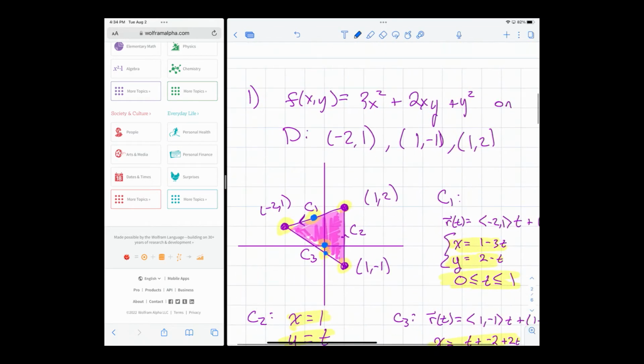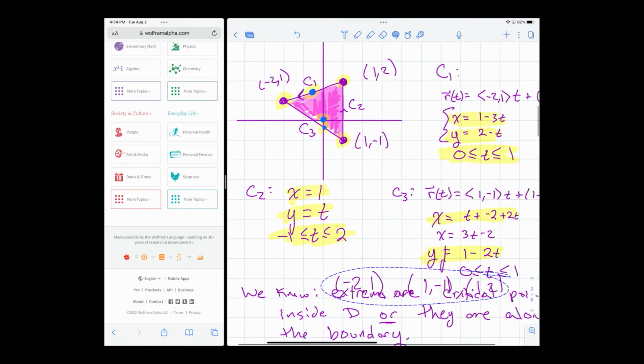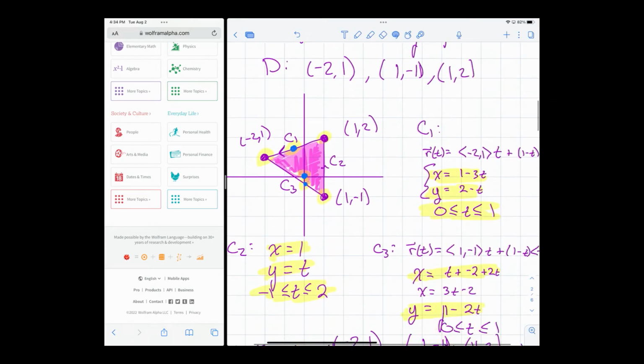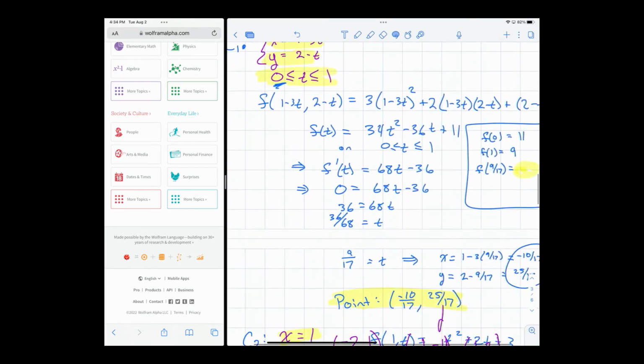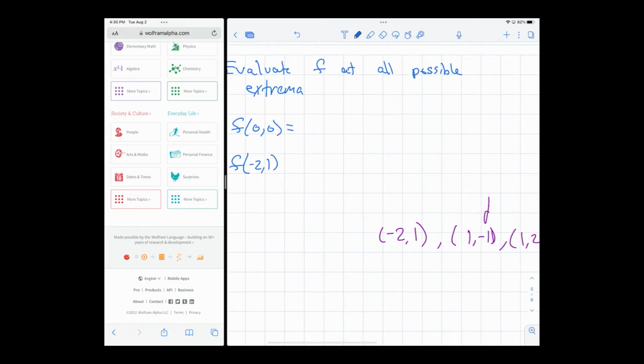So what do we have? Any of these three corners are also possible locations. And I'm not working them out now because I'm going to use a computer because I'm not dumb. Okay, so those are possible locations of minimums and maximums.